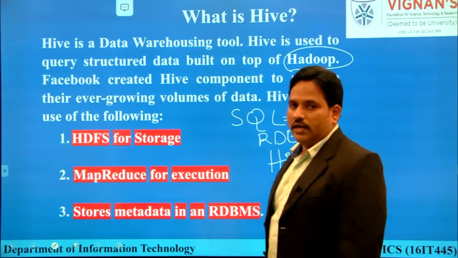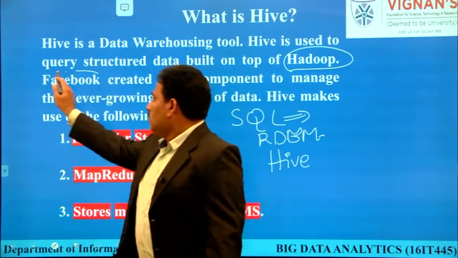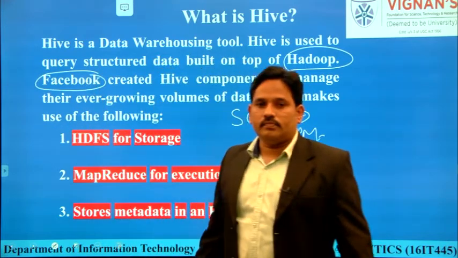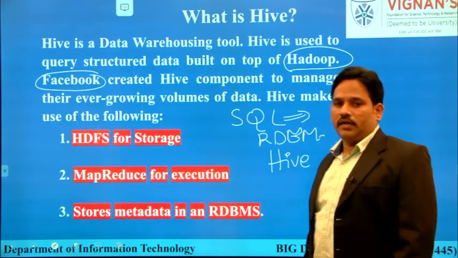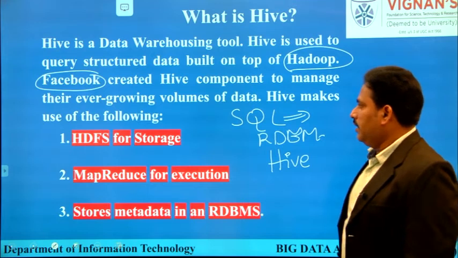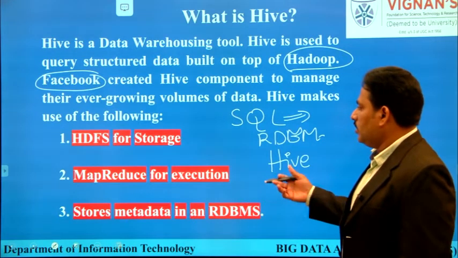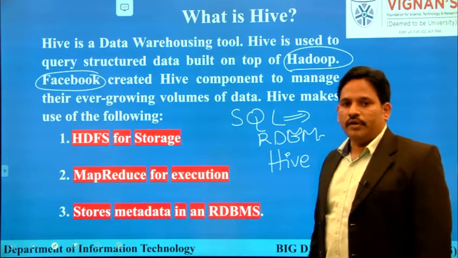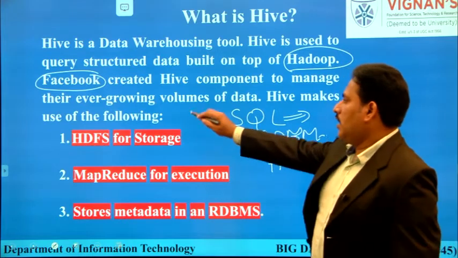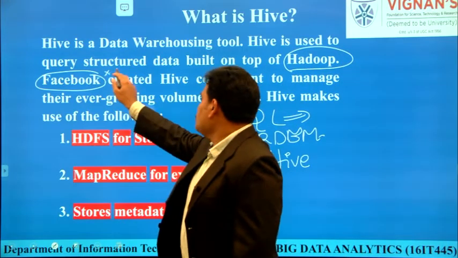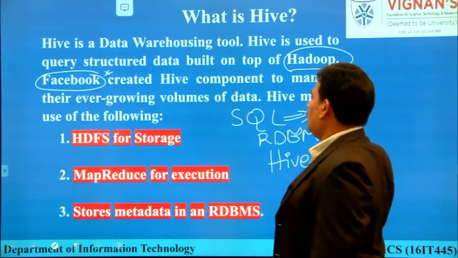Now initially Hive was created by the Facebook company. Facebook created Hive in the initial days. Later, Hive was handed over to the Apache Foundation. So initially Hive was created by Facebook. Now what was the purpose of creating it?